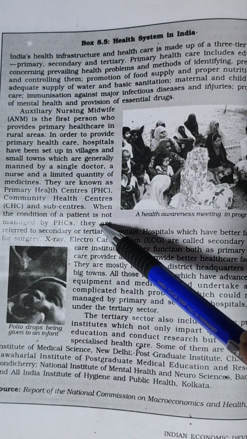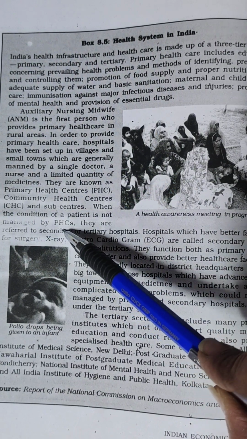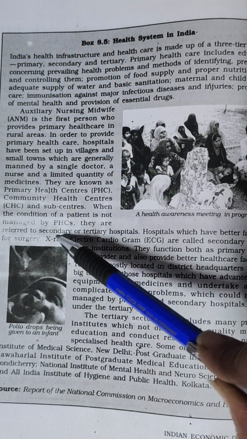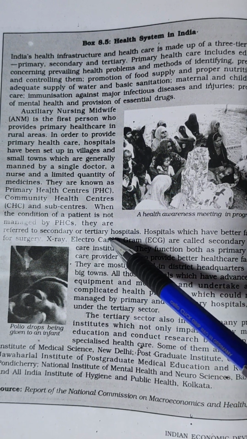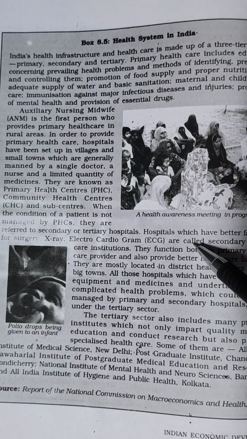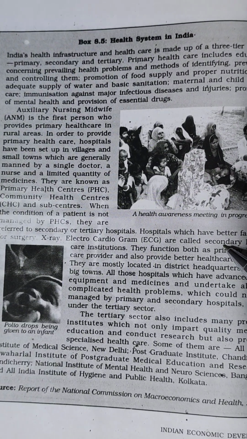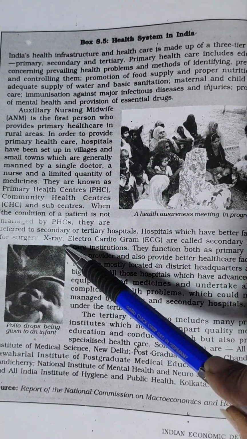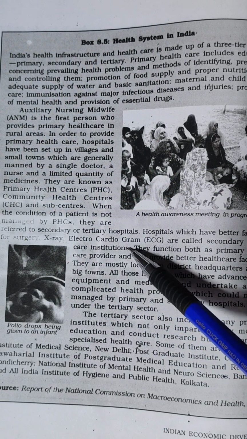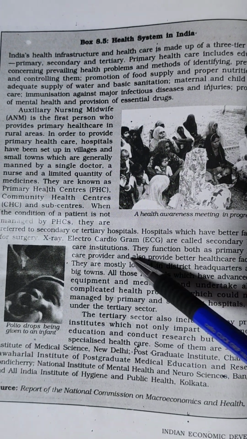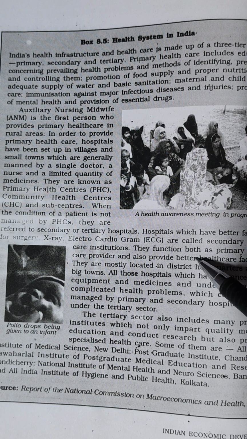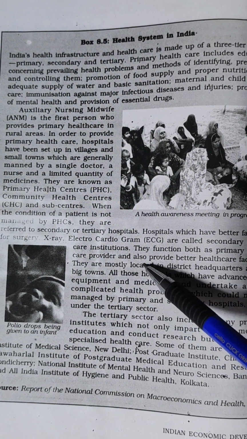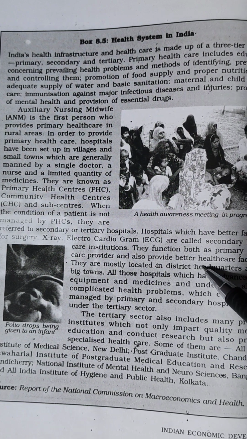When the condition of a patient is not managed by the primary health centers, they are referred to secondary and tertiary hospitals. Hospitals which have better facilities for surgery, X-ray, electrocardiogram, ECG are called secondary healthcare institutions. They function both as primary healthcare provider and also provide better healthcare facilities.